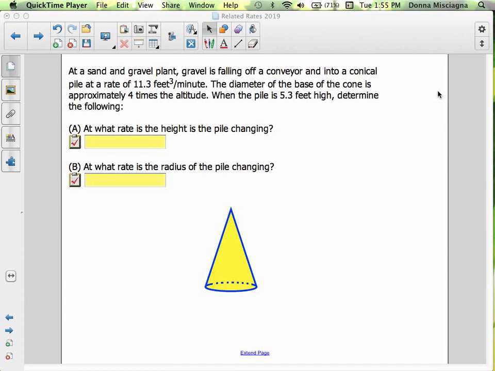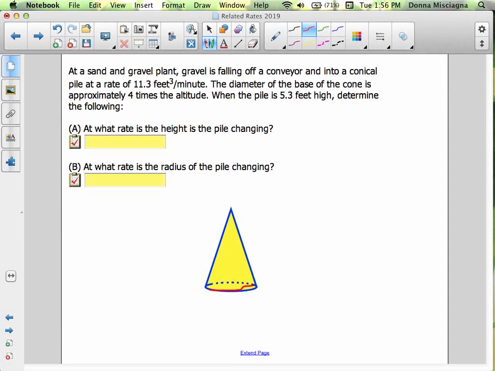And so this here, there's our diameter. There's the altitude, or height, of the cone. And the important relationship there is that the diameter is 4 times the altitude.